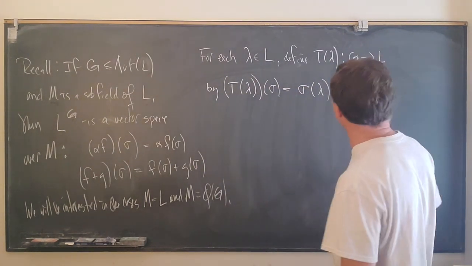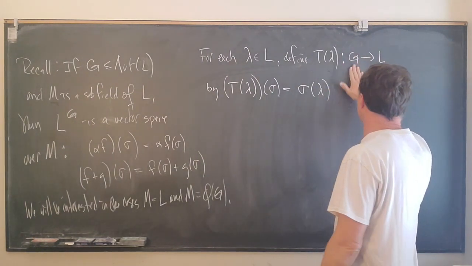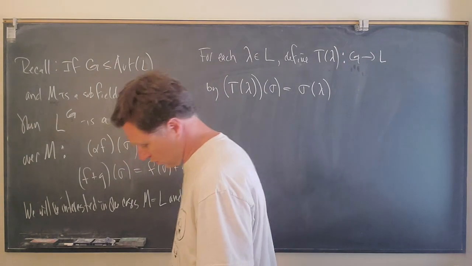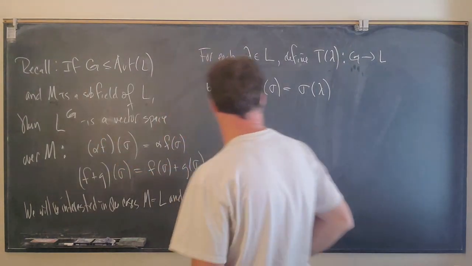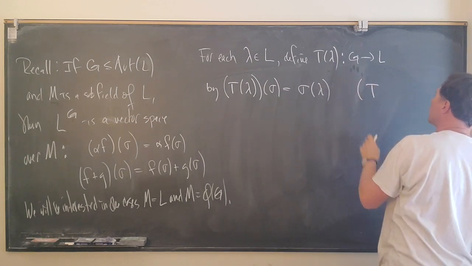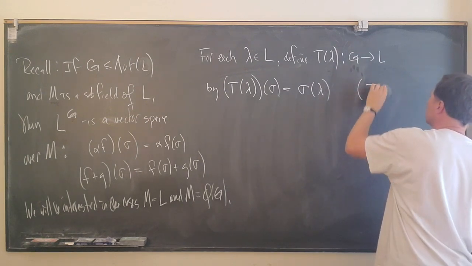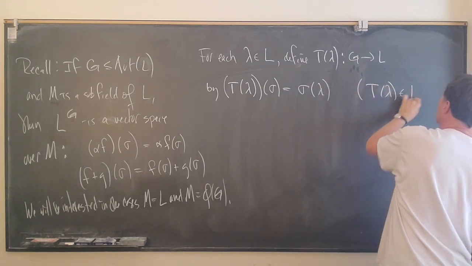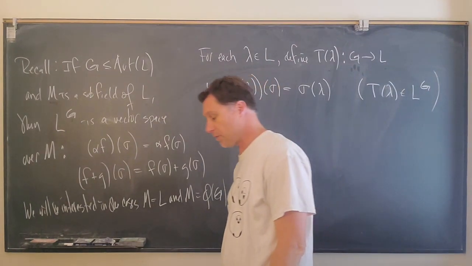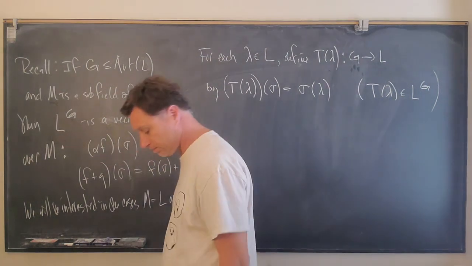So what we have here is a function from G into L, and there's the formula for it. All this means is that t of lambda is an element of L raised to the G, the set of functions from G to L.